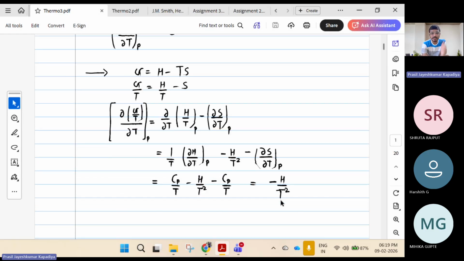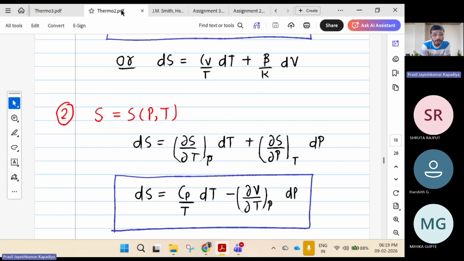Okay. So this term del H by del T at constant pressure is nothing but Cp, heat capacity, the energy required to increase the temperature by 1 degree Celsius or 1 unit. So this term is Cp by T. This is minus H by T square. And this term del S by del T at constant pressure is nothing but Cp by T. How can you see that?